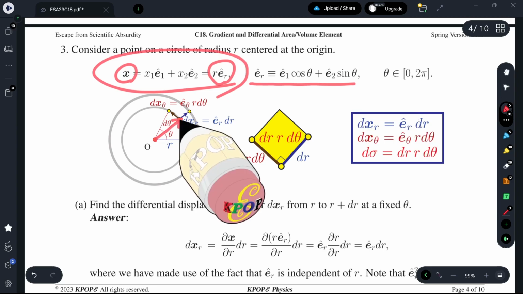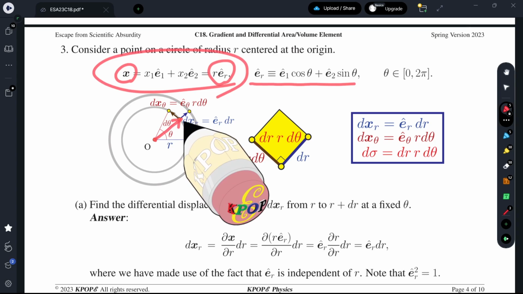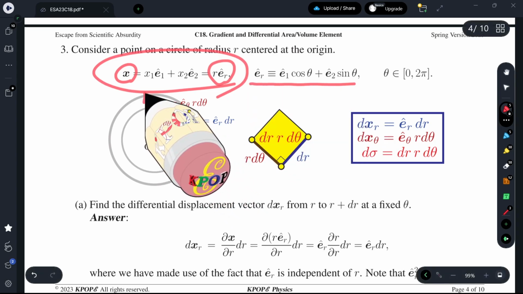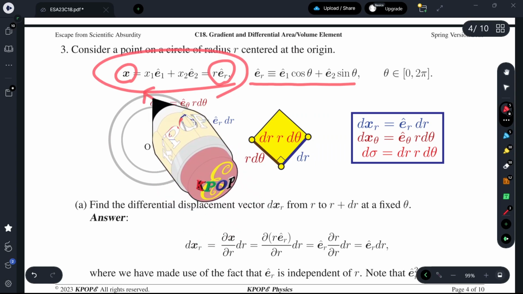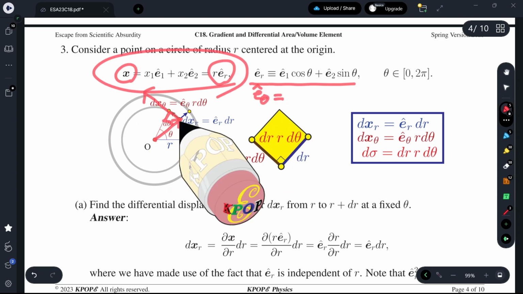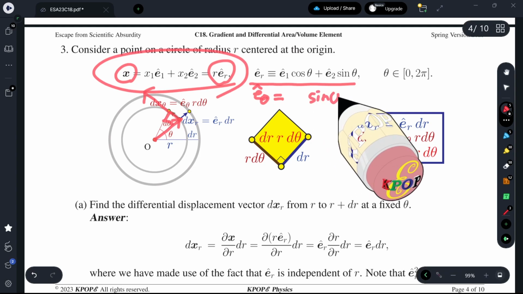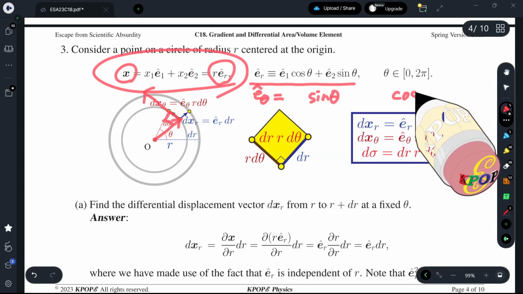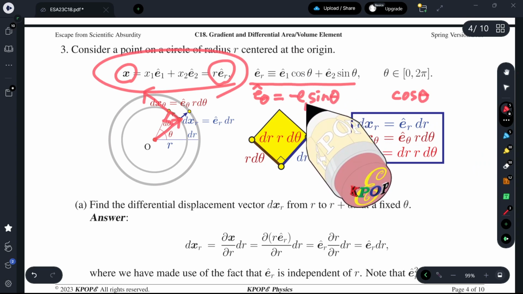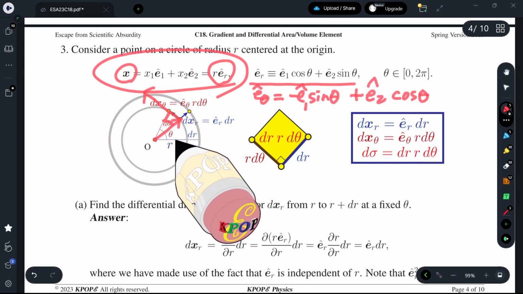We also have another basis vector on the two-dimensional plane: the direction tangent to the radius, which we call e theta. It is perpendicular to the radial vector, so I can swap the Cartesian components and flip the sign on the first term. This is the unit tangent vector.